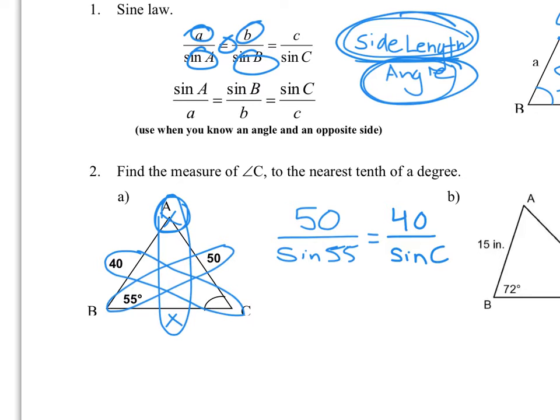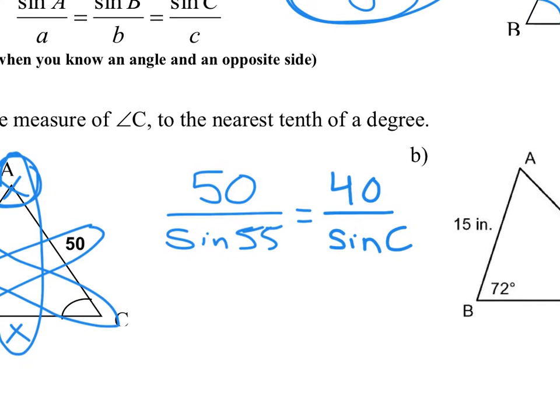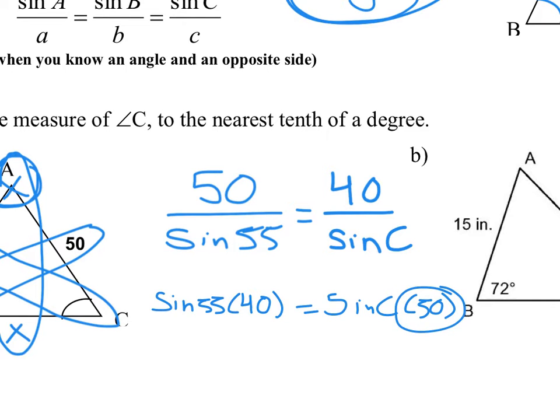And now, going back to what we did before, we're just going to cross multiply. Sine 55 times 40 is sine 55 times 40. Sine C times 50 is sine C times 50. So how are we going to get rid of this 50? What did we do before when we had our ratio? We would divide. We're going to do the same thing.